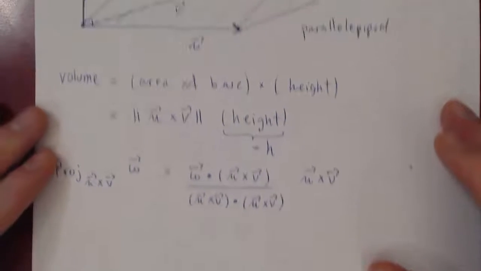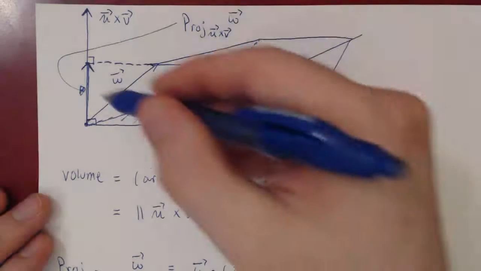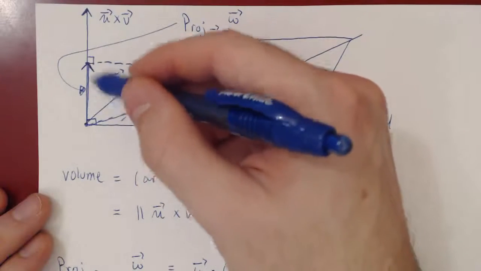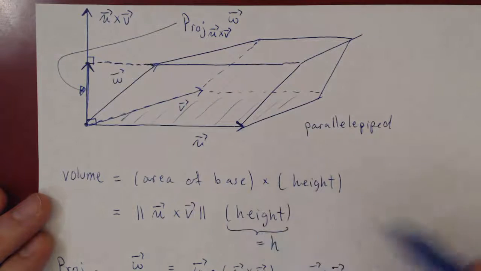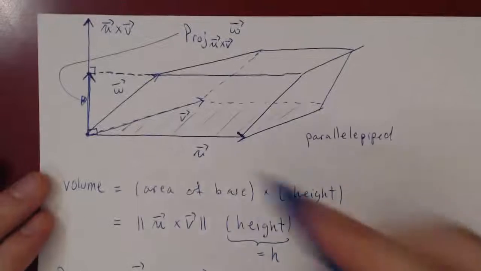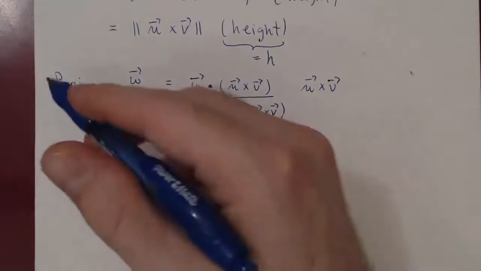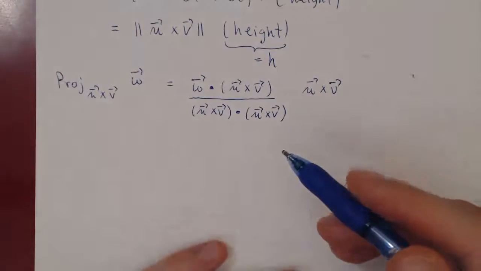And if you remember, we don't really care so much for the vector itself. We only care for the length of this vector, which is the height of our solid. And of course, the height of our solid is the length of the vector, which is the norm of the vector. Take the norm on both sides.